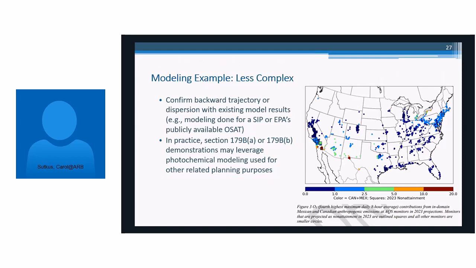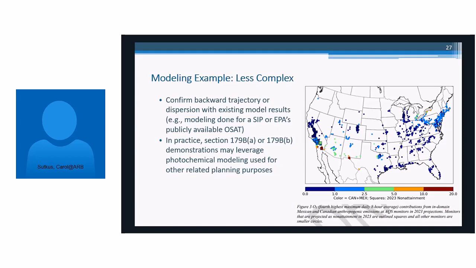After you've identified your days that are attributable to Mexico and seen what your adjusted design value would be if you had removed those days, the difference between them would be what you're saying is your contribution from international emissions. And you would want to see whether or not that contribution is similar to what is readily available in public photochemical modeling.